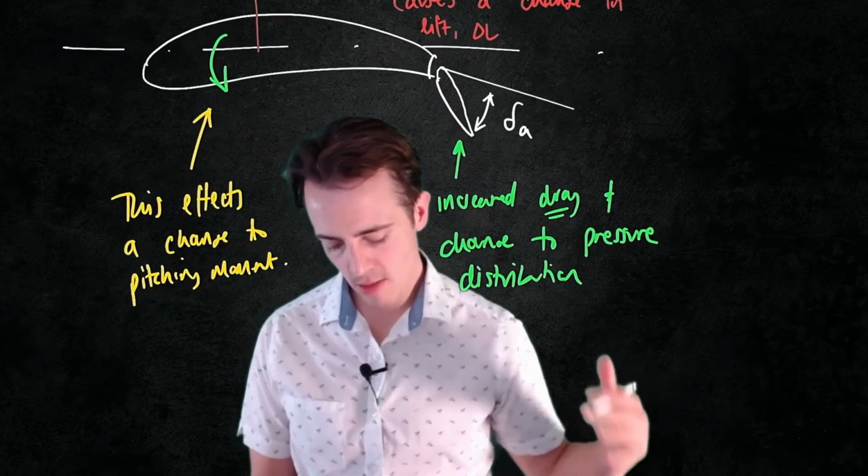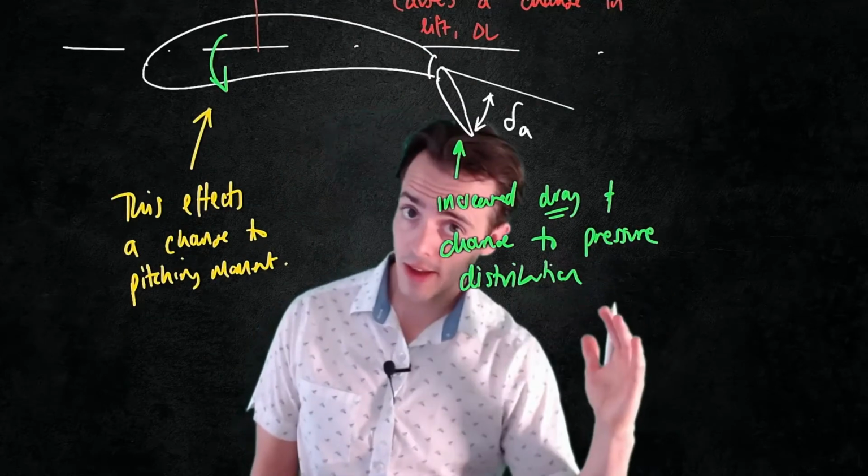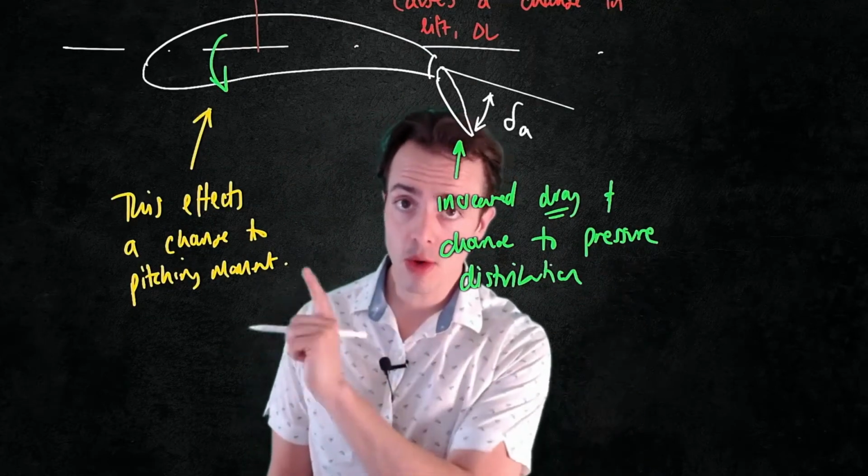So it affects a change to the pitching moment. So if the aileron is deflected down, it will cause a nose down pitching moment.